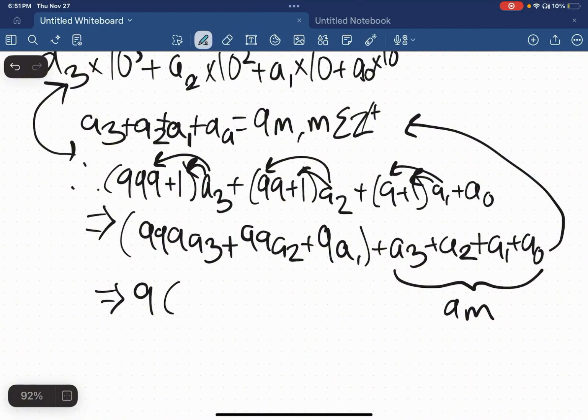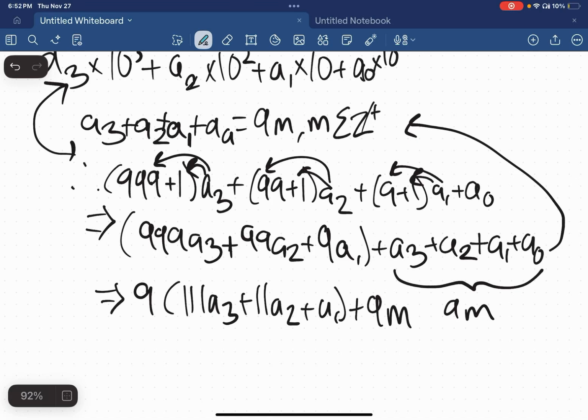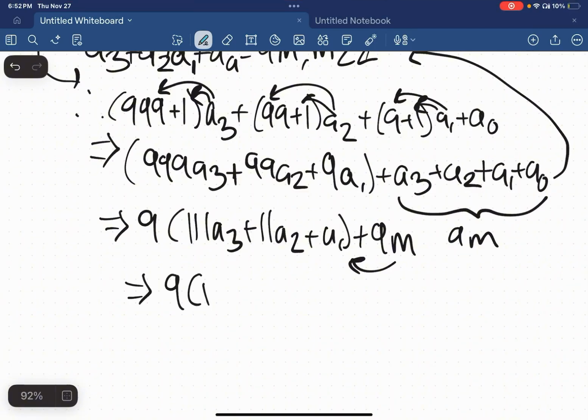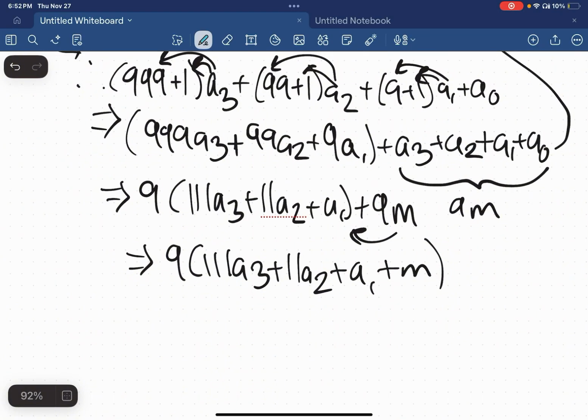Okay, 111 A3 plus 11 A2 plus A1 plus 9m. And we can actually also add the m into here and factor it all one more time. There we go. And that is our proof. That is QED.